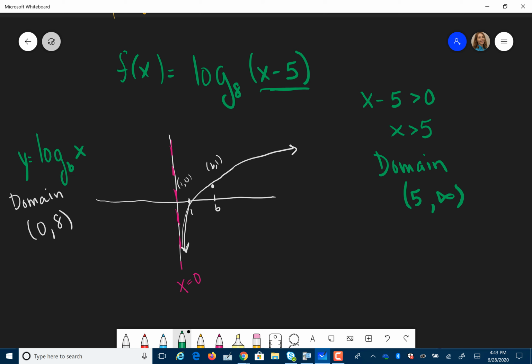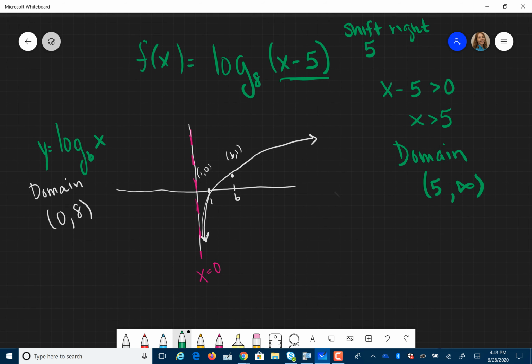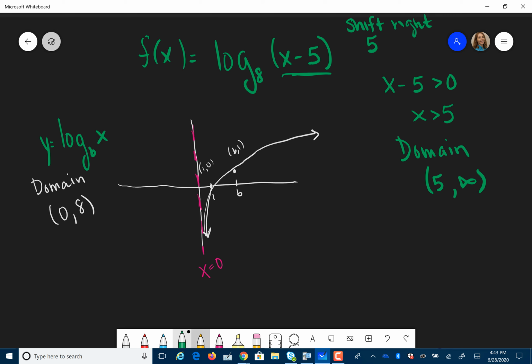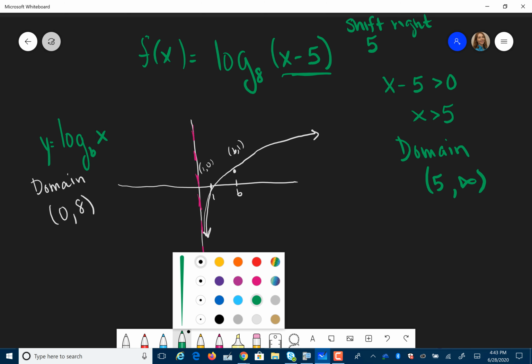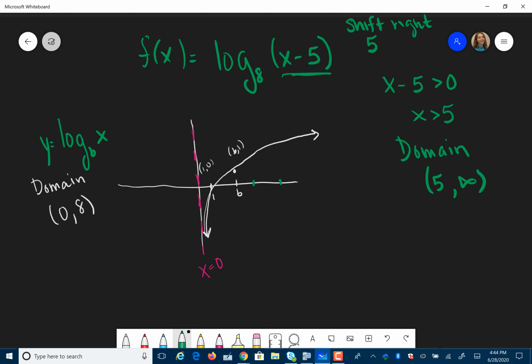That's because if you think about what's happening, this function is being shifted right 5. So if I was going to add that to my graph, I'd be moving over here to 6 and 5 plus b, and the whole thing would just be going over here, like that.